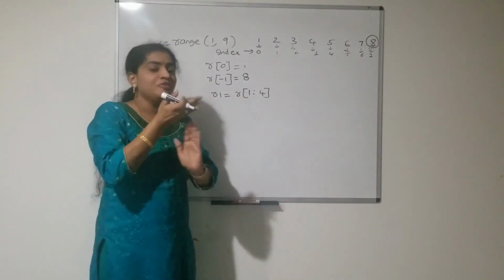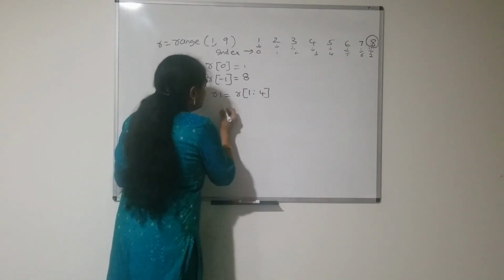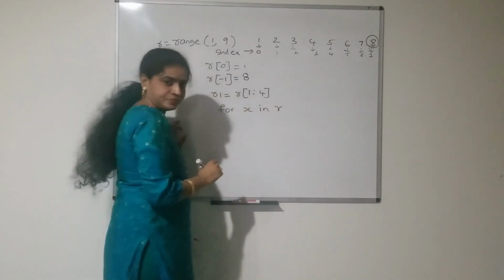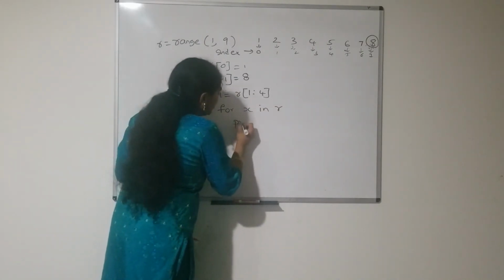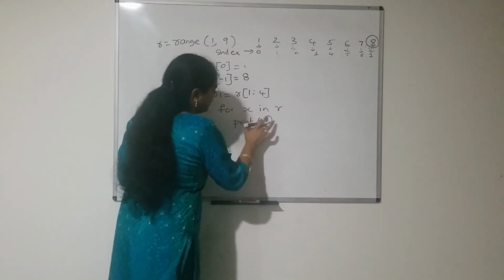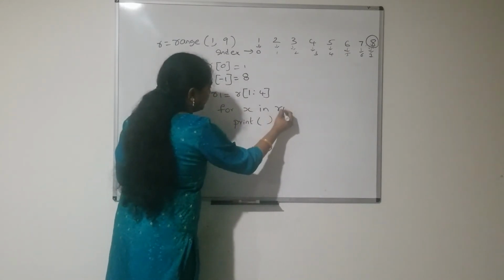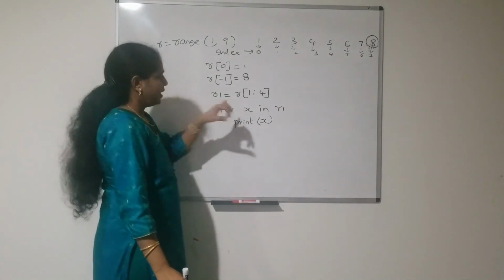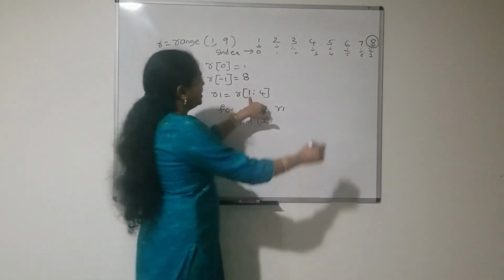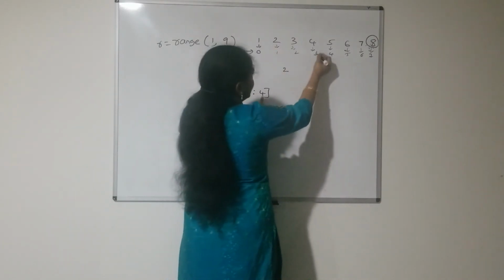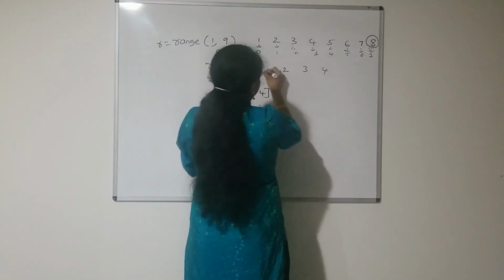If I want to view the output, here I have to use a loop. Print of x, for x in R1. So from index value 1 means 2, and 4 means up to index 3, so 2, 3, 4 is my output.